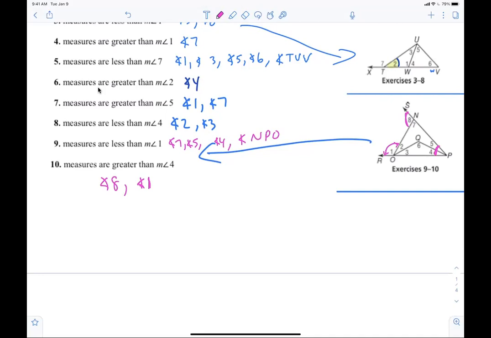Yeah. If angle 1's greater than 4, then technically on number 9 couldn't 6 also be one? Okay, that's what I'm asking. Yeah, that's what James said.